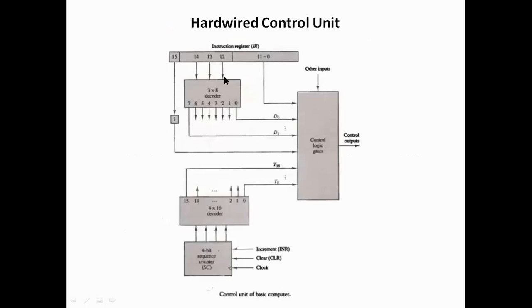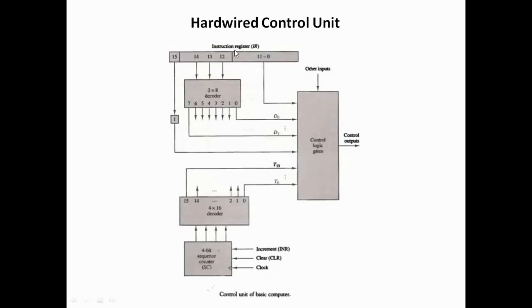Here you can see a hardwired control unit. So the first category, the hardwired control unit. As we said earlier, let us say we have a basic computer, and in that there is a 16-bit instruction.